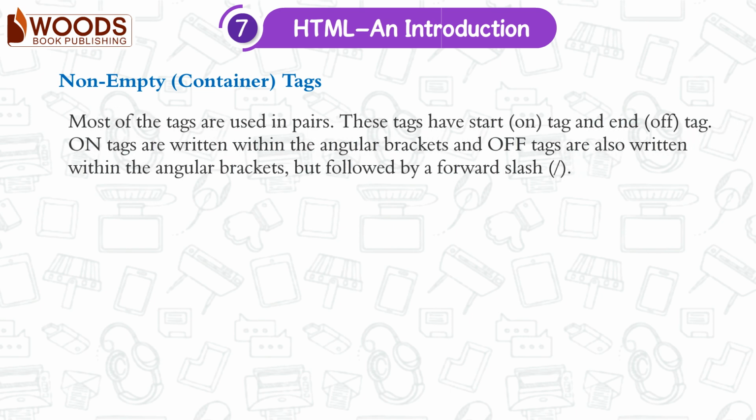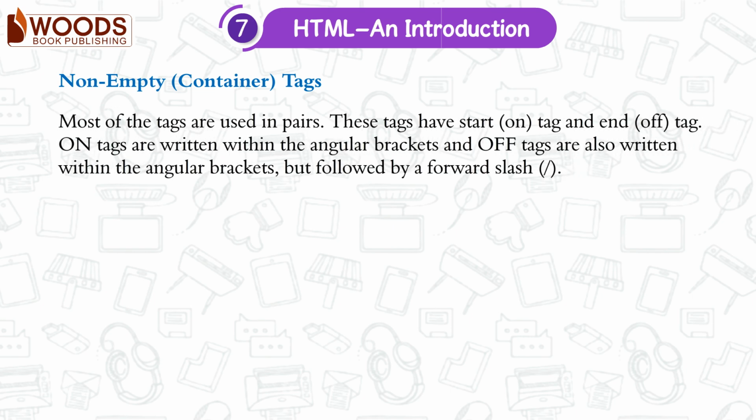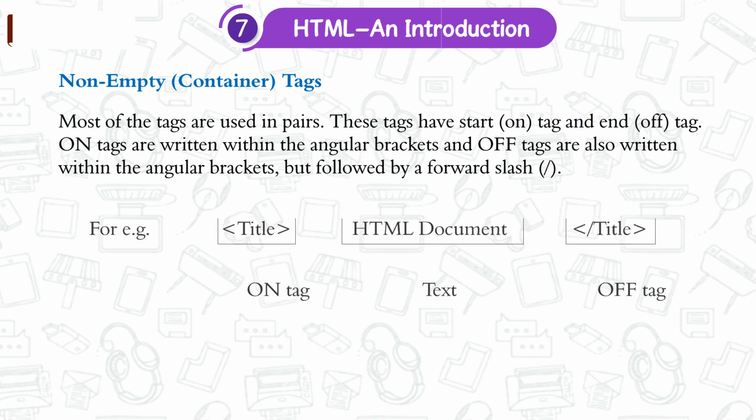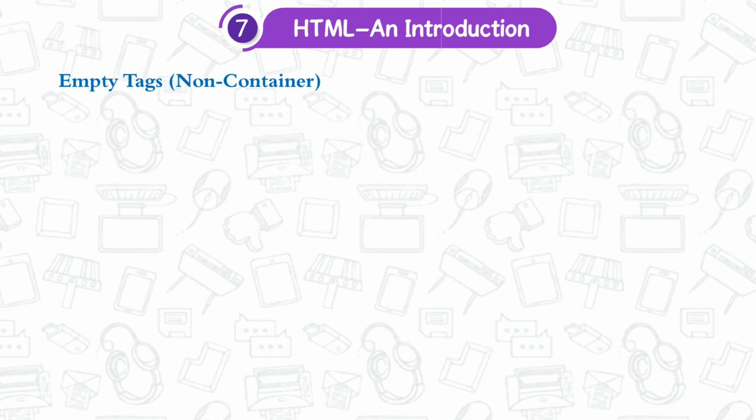Non-empty container tags. Most of the tags are used in pairs. These tags have a start, on tag, and an end, off tag. On tags are written within the angular brackets, and off tags are also written within the angular brackets, but followed by a forward slash. For example, <title> HTML document </title>: on tag, text, off tag.